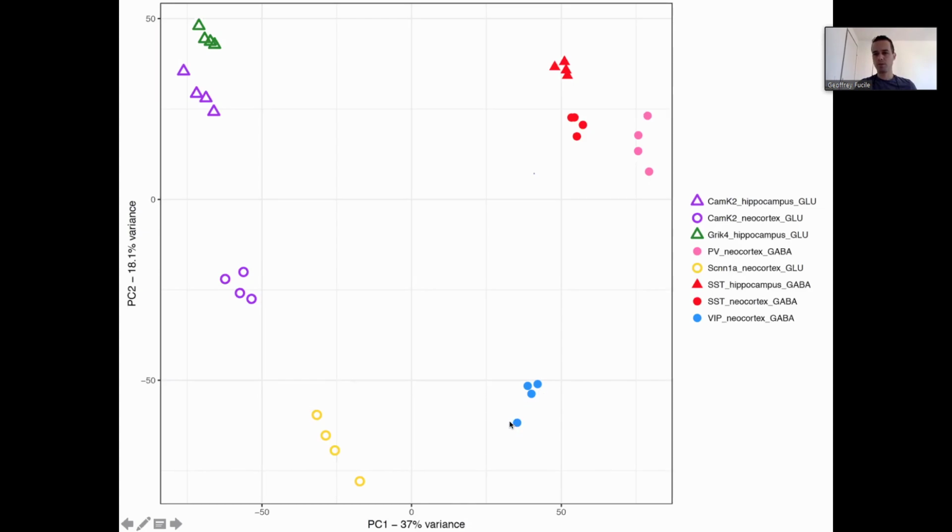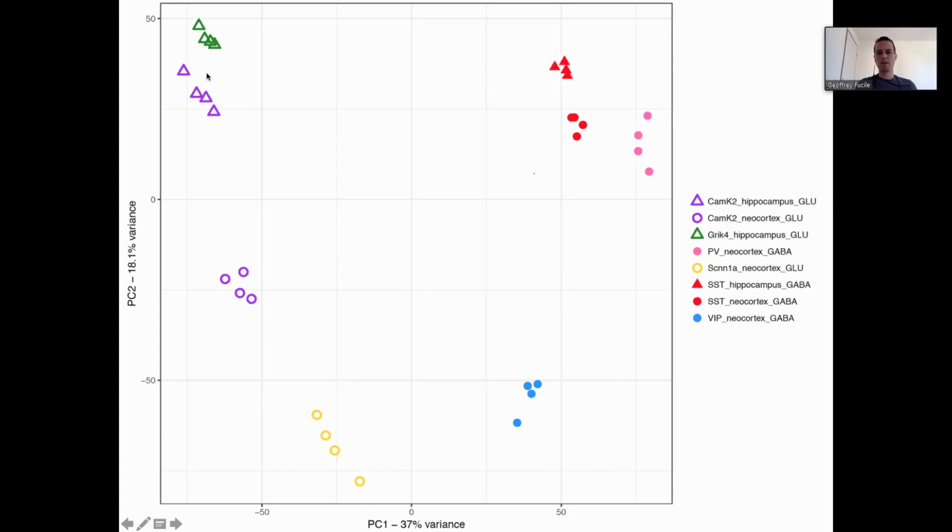So this is one from neocortex, from this kind of VIP type cell. And what ideally we see is that these are replicates and they cluster together, for example. And now we can start to see some interesting patterns, right? So, for example, all of the open shapes, these are all glutamatergic ones, right?